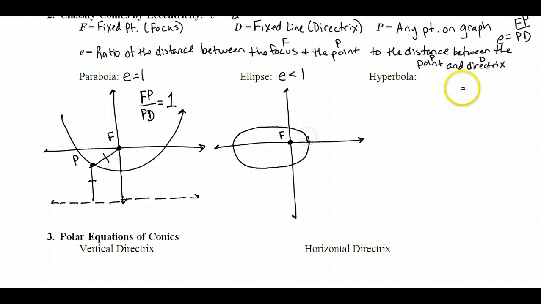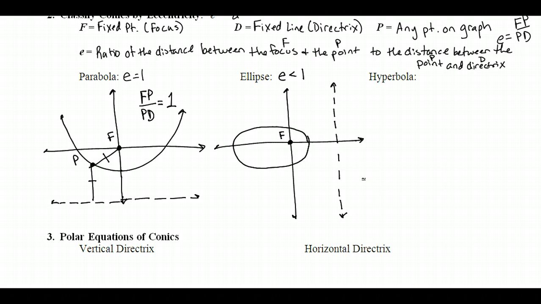So if I have a horizontal ellipse, my directrix is going to be perpendicular to that. So my directrix will have to be vertical, and it would be over here somewhere. It's going to be closest to the focus point at the pole. So here would be my directrix for this one.